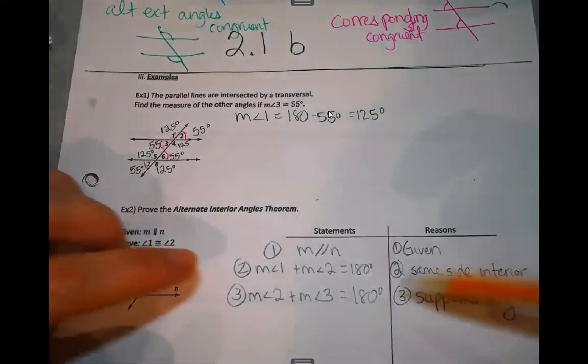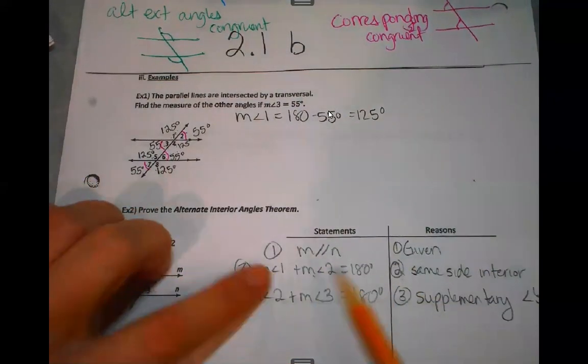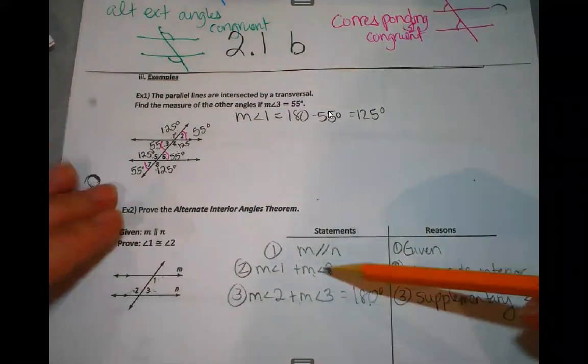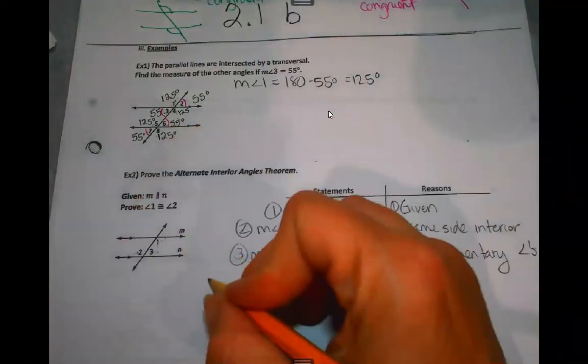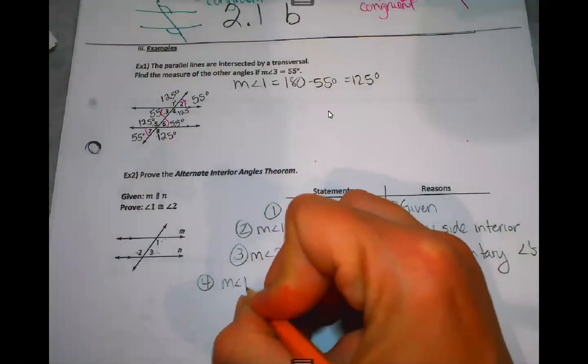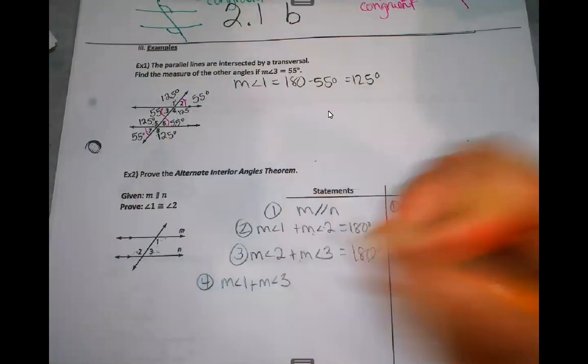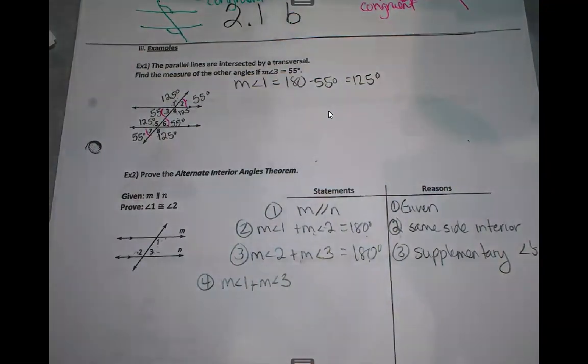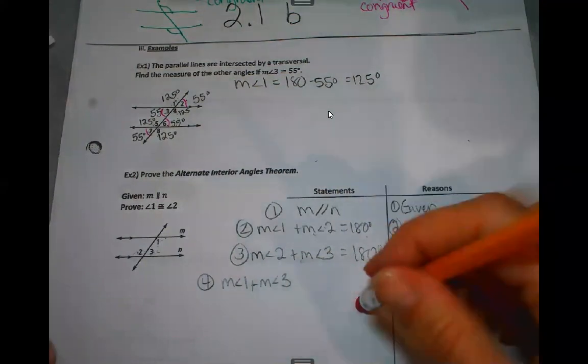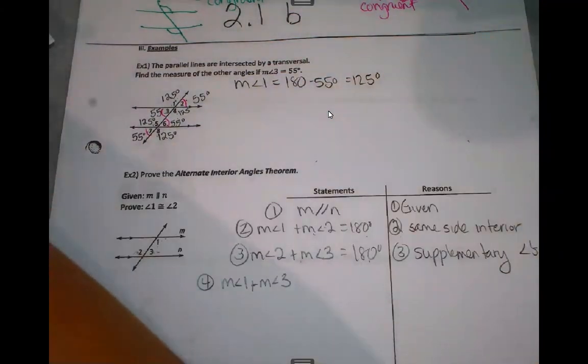Now, we've done this before. If this equals 180 and this equals 180, then they equal each other. Transitive property. Measure of angle 1 plus the measure of angle 2.